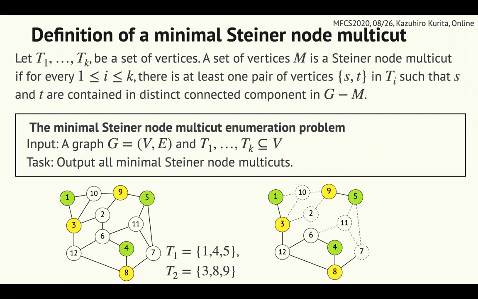In this example, this set of vertices disconnects 3 and 9 and disconnects 4 and 5. So this is a Steiner node multicut.